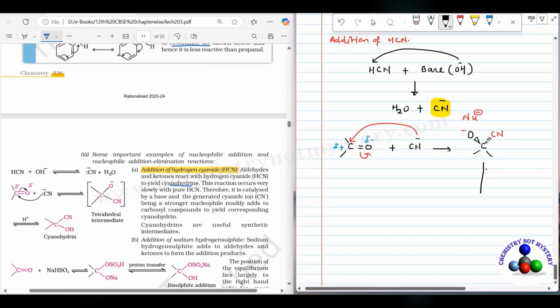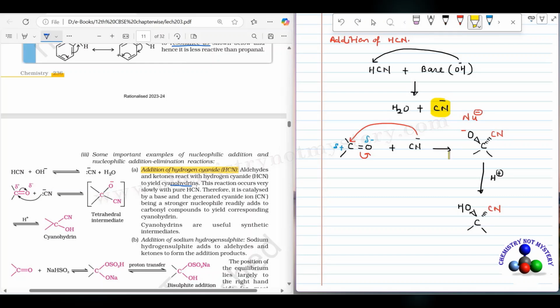Now this negatively charged oxygen will abstract a proton from the reaction medium. Here cyanide is already bonded to the carbonyl carbon, and this oxygen abstracts a proton from the reaction medium, so it becomes OH.